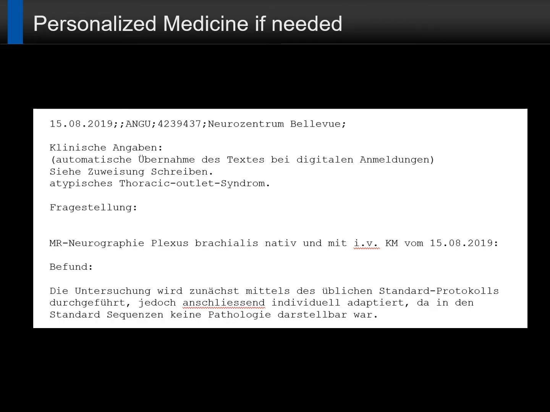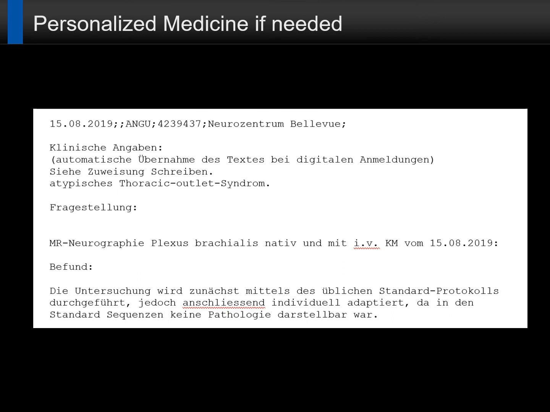I quickly mentioned before that in a certain percentage of cases, I personalize the examination, which means that I'm at the MRI machine, present in person, and supervise everything the technician does.